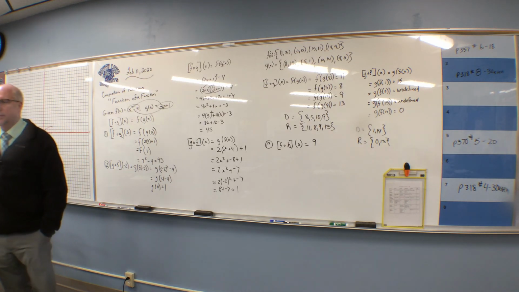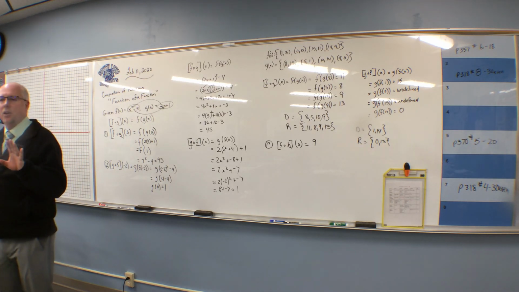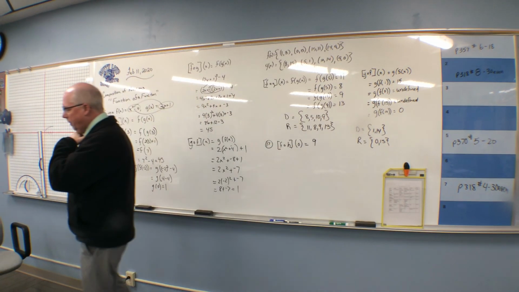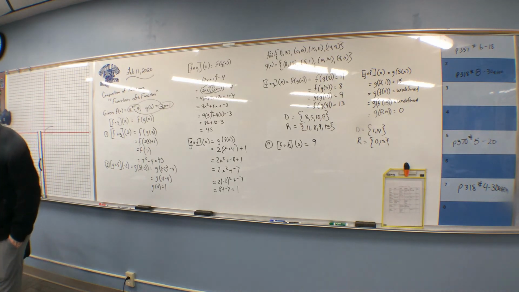So the answer is 2. Let's do it again. It's a little different look than this, isn't it? Instead of ordered pairs, you got to go back to x. So you put in negative 2. Go down the x column. You find negative 2. It's the first number, right? Then you slide over to the g function. Its value is 1, right?